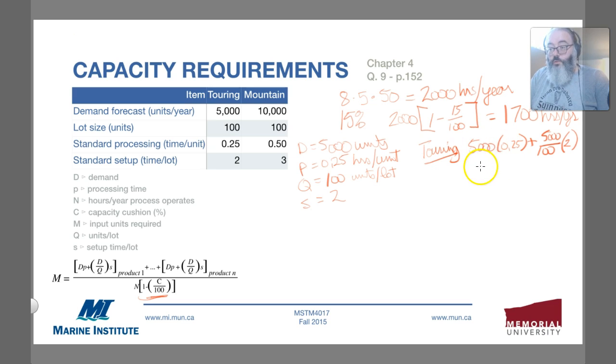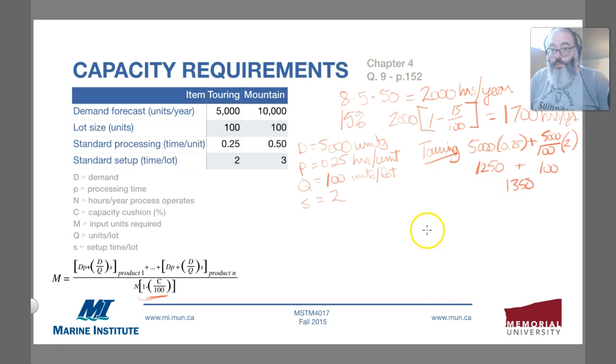So this is the total for 5,000, so it's going to be 1,250. And over here, this is the number of lots. 5,000 over 100 is the number of lots we're going to do, times the number of hours it takes to set up for each lot. So in this case it's going to be 100.